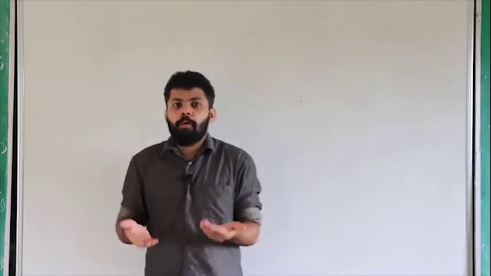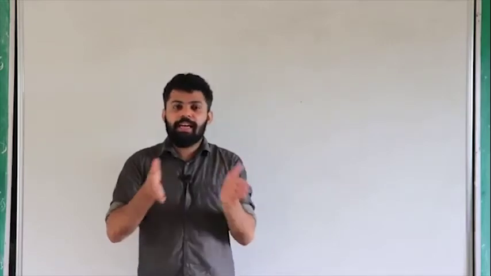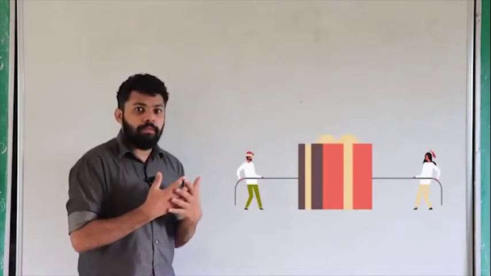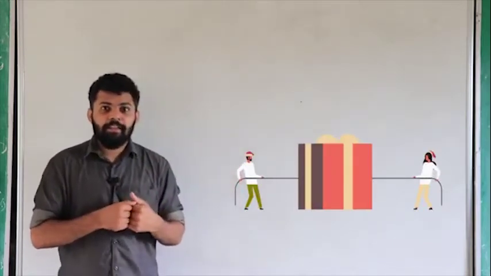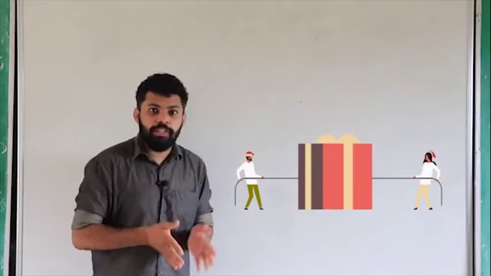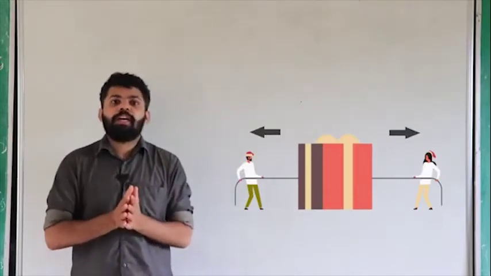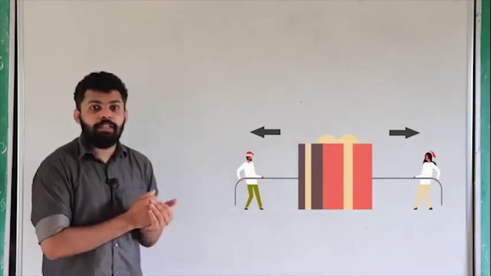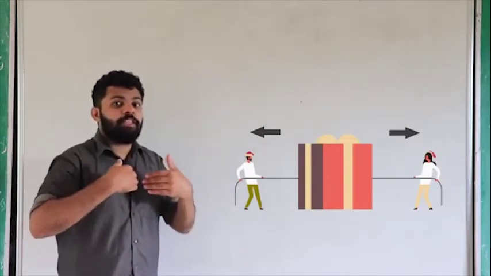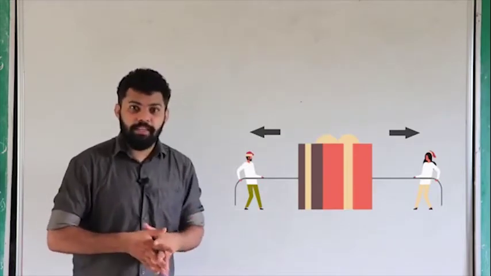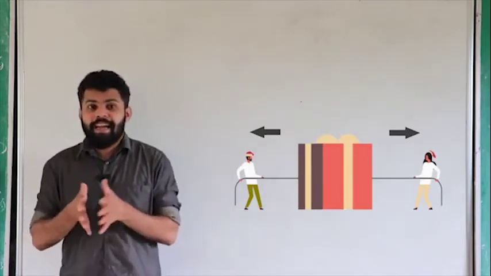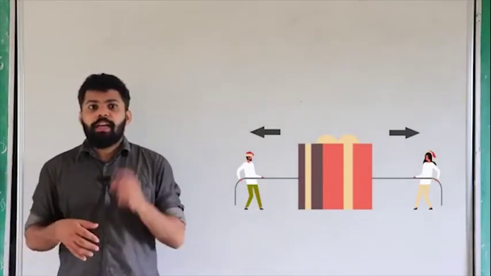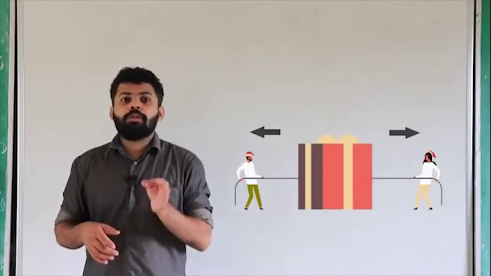Now if we have more than 1 force, for example, if 2 persons are pulling one box from 2 different sides, you can say that there are 2 forces and these 2 forces are opposite to each other. One person is pushing the box from one side and another person is pushing the same box from the other side. If the 2 forces are equal, then the box will not move.